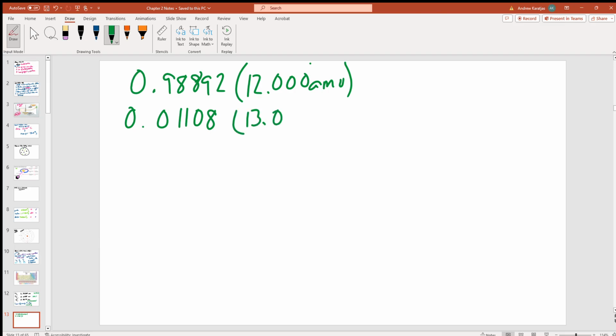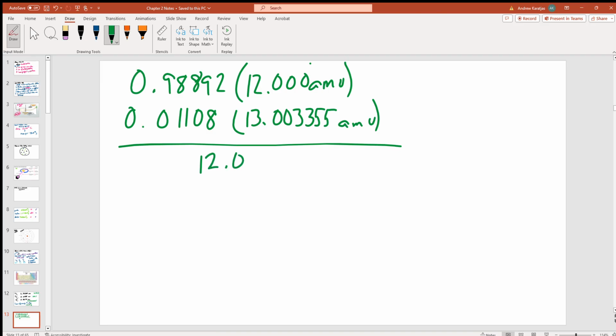In this case, we can ignore the carbon-14 because it is such a tiny amount that it won't have any impact on our calculations. And so if we do this, again, we're just doing a weighted average of the masses of the different isotopes. We get that number that we see on the periodic table.